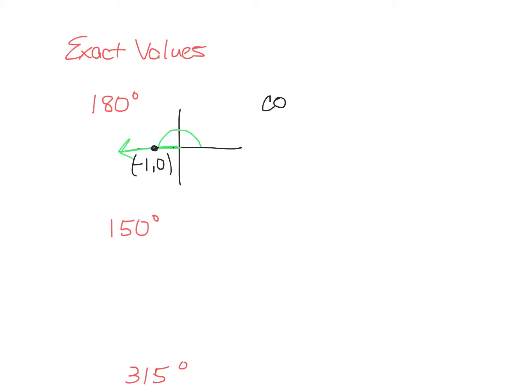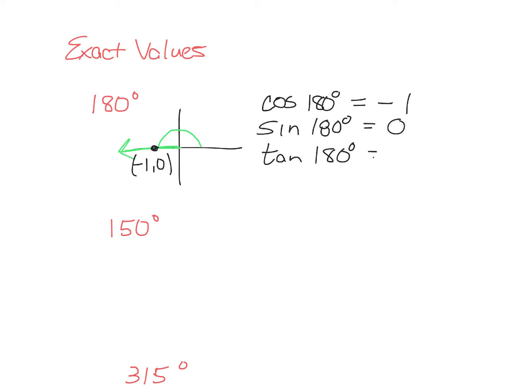So then our cosine is the x. Cosine of 180 would be -1. The sine of 180 would be 0. Tangent of 180 would be y over x. 0 over -1. 0 divided by anything is 0.